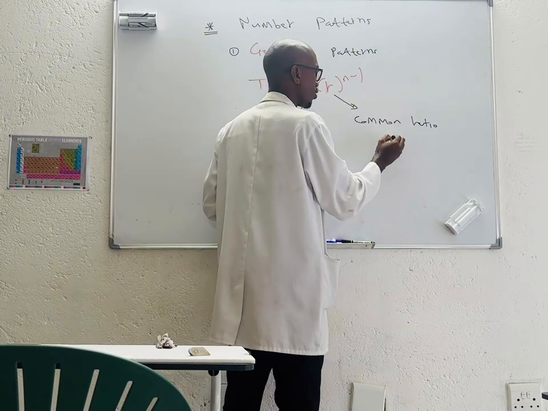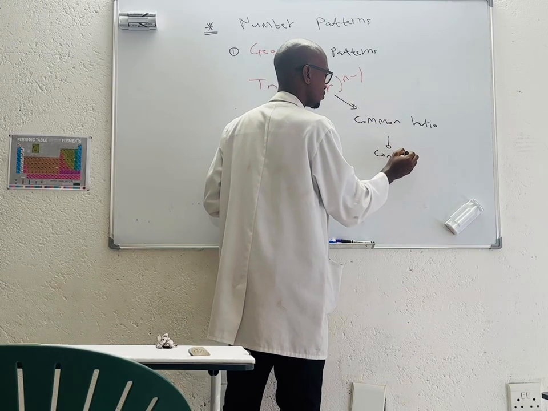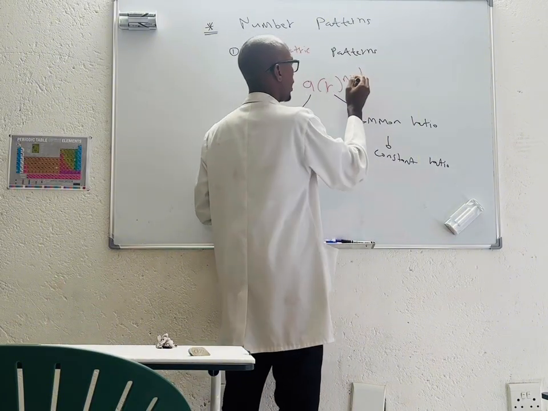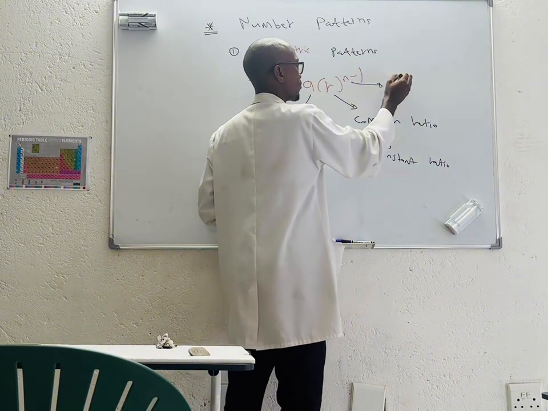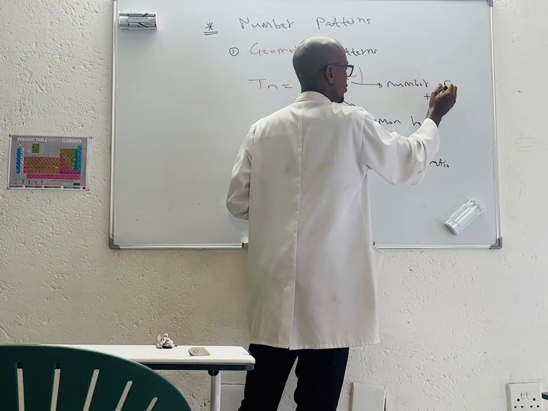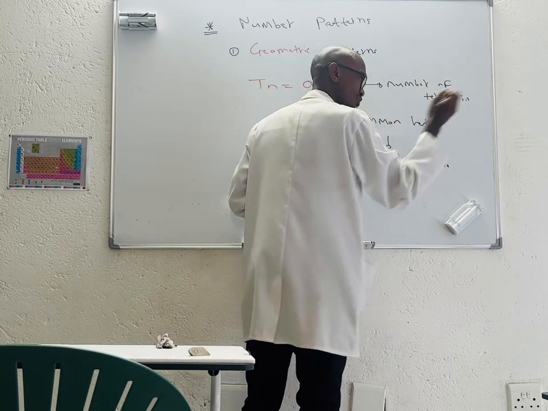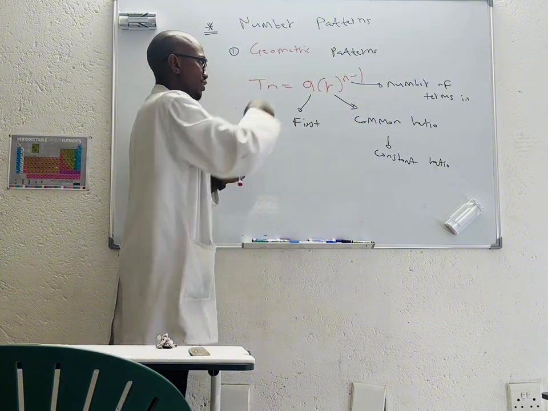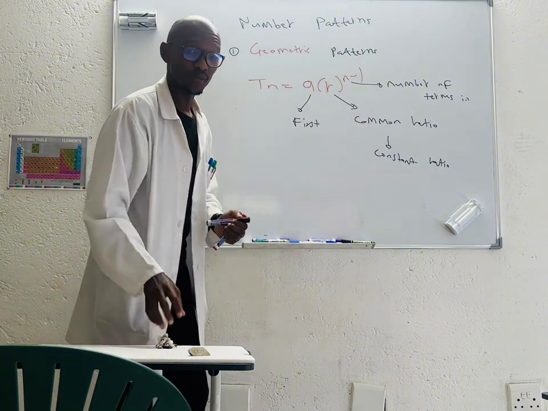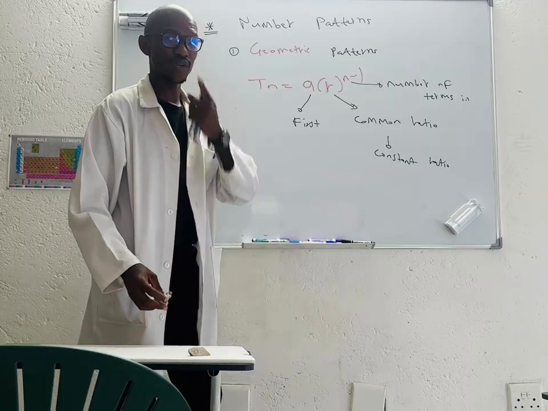Someone can say he's a constant ratio. And then our n is always known as the number of terms in the sequence, right? And then this guy is just the value of the term. The whole thing is our nth term or the general term of the sequence, right?